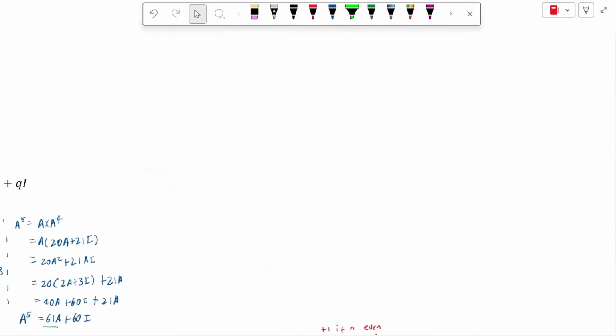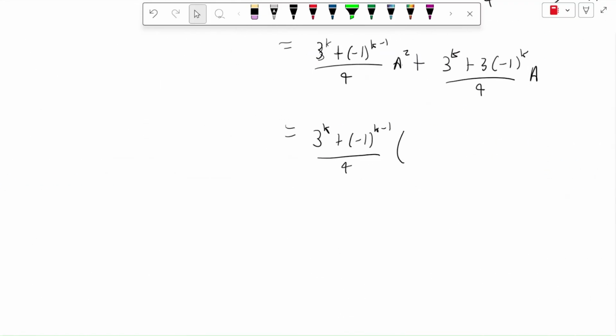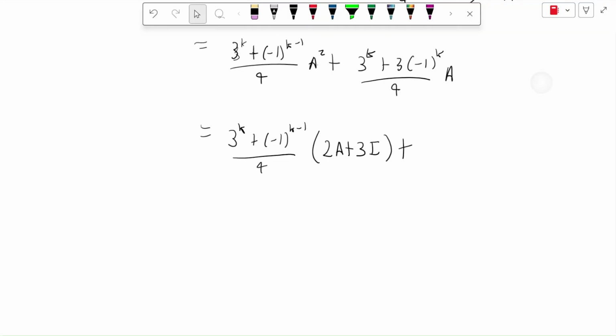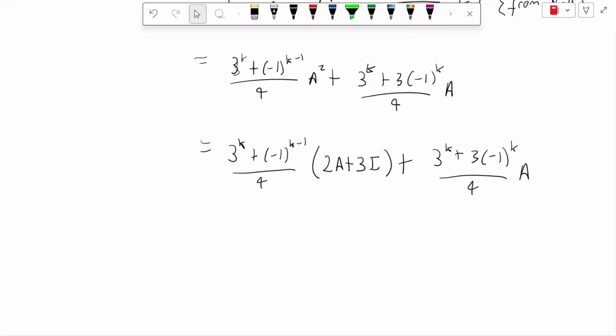So let's see if we can figure that out. 2A plus 3I. Okay, and then over here, (3^k + 3 lots of (-1)^k) over 4A still sits there like that. And now we can sort of FOIL this all in nicely.